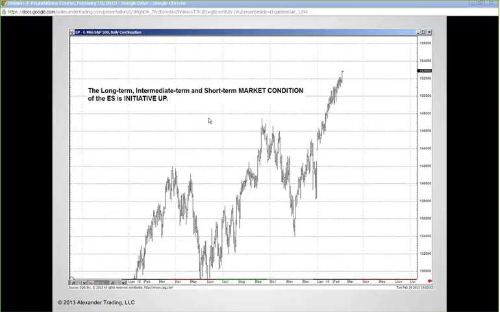You should all be able to look at the same chart independently, just random charts, and make that determination.